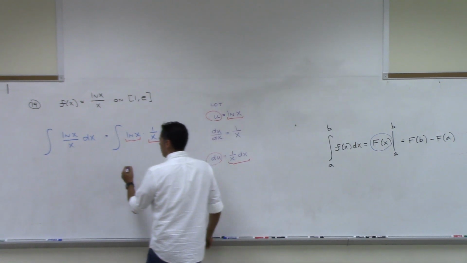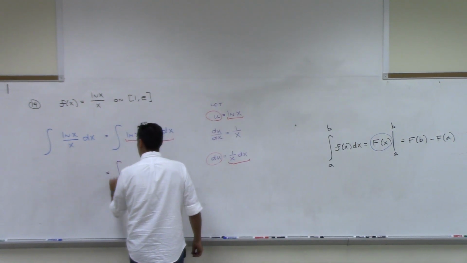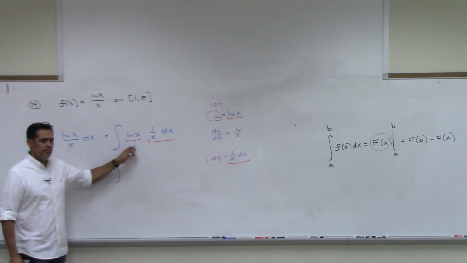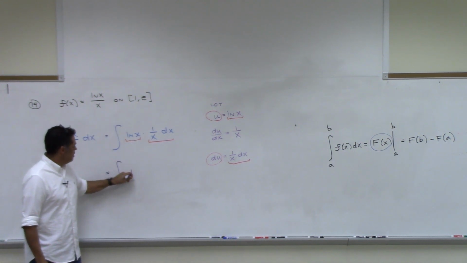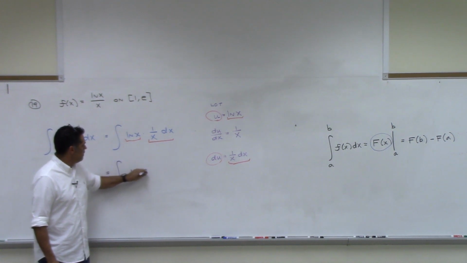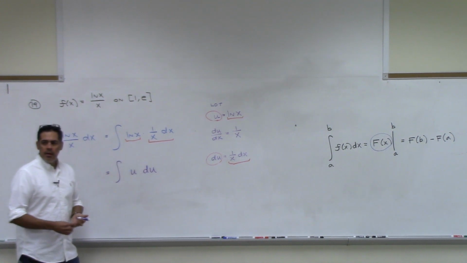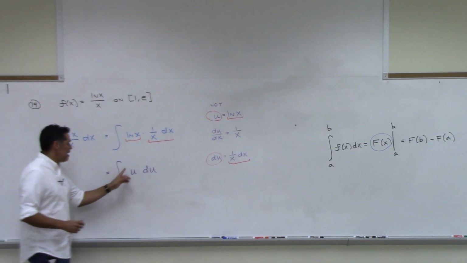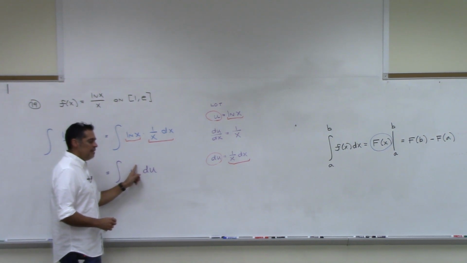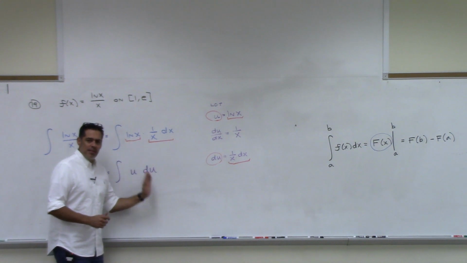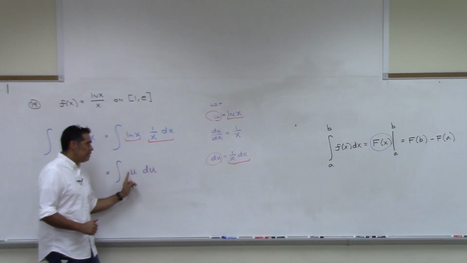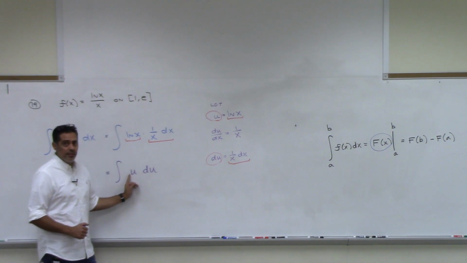So what does this new integral become? Antiderivative of u du. And that's a much easier antiderivative to find because now you just have u to the first power, right? And this du, remember, is just keeping track of the variable. That's what it's doing. So what's the antiderivative of u?